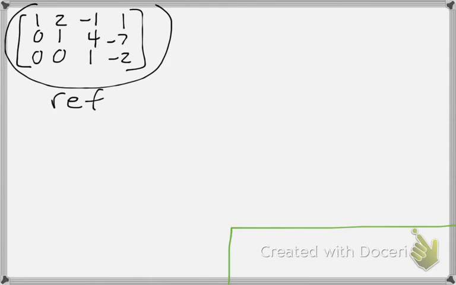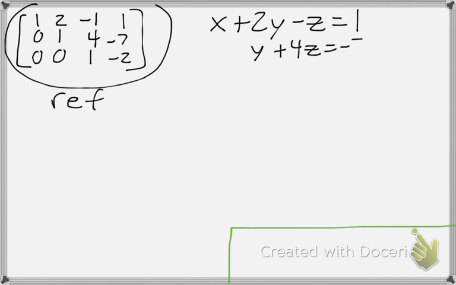Now, again, this really does represent a triangular system. So if I convert this back into a system of equations, this will be x plus 2y minus z is equal to 1, y plus 4z is equal to negative 7, and z is equal to negative 2.